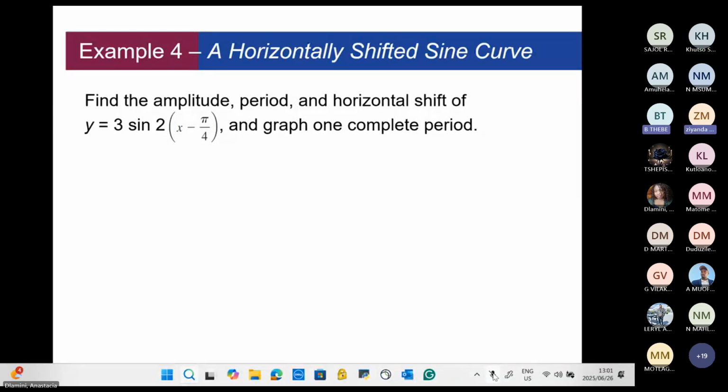Listen, our period for sine is always 2 pi. But in this case, we are given the value of k, which is 2. So your period is going to be 2 pi over k.